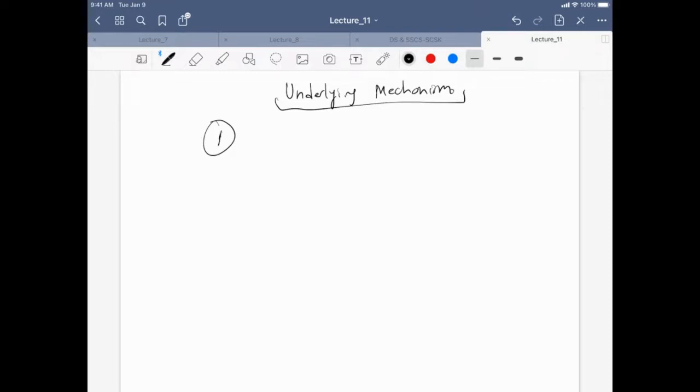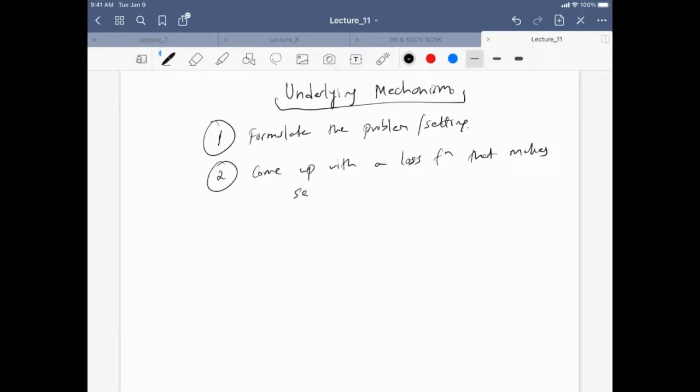Essentially, you first formulate the problem or setting that you have. Secondly, come up with a loss function that makes sense for your setting. And the third is to understand or try to optimize this loss function.